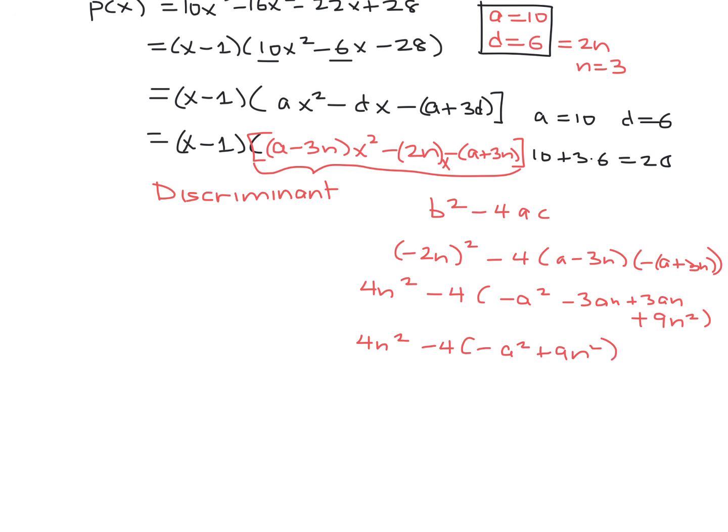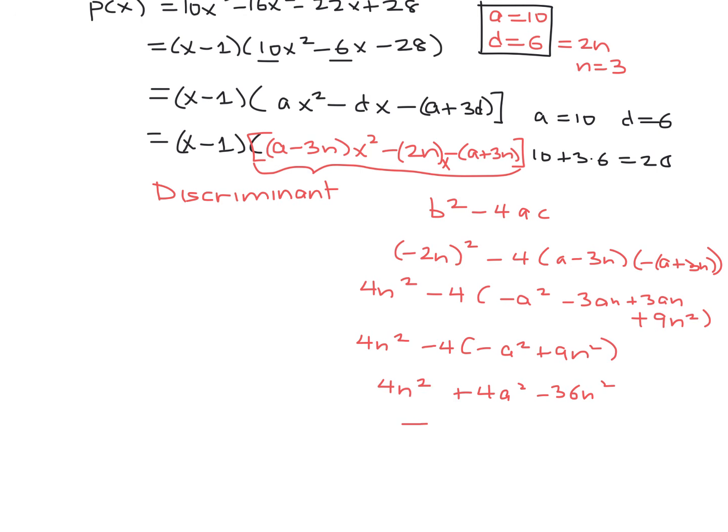And therefore that's going to be 4n squared plus 4a squared minus 36n squared. And therefore, oh yeah, there is like terms.